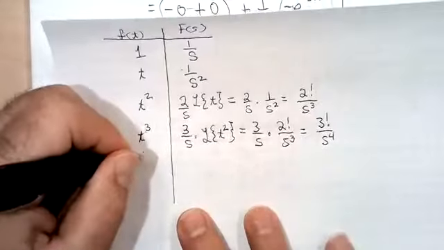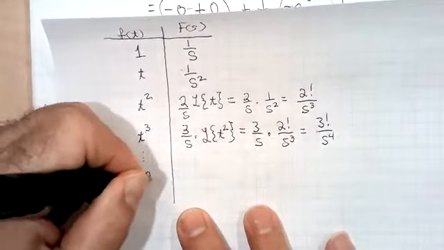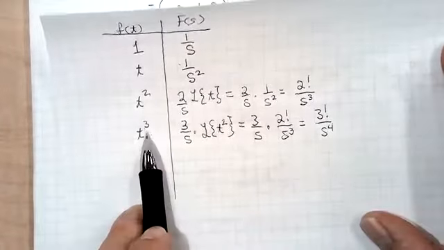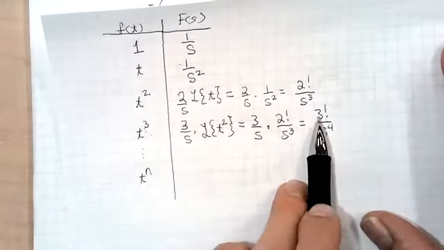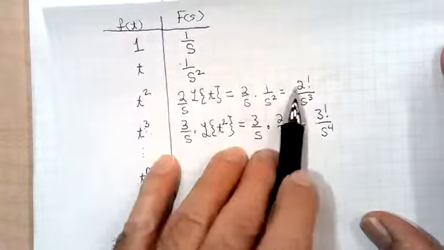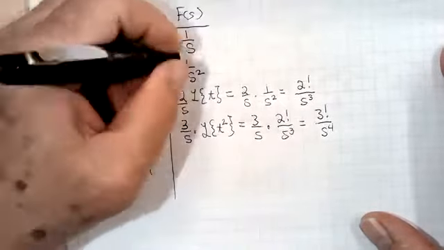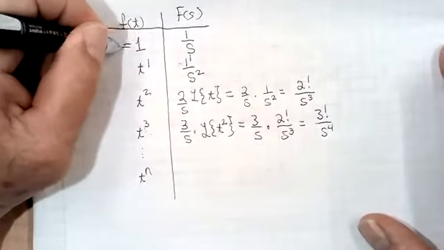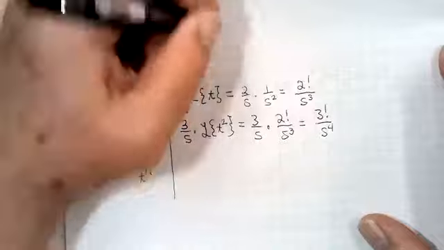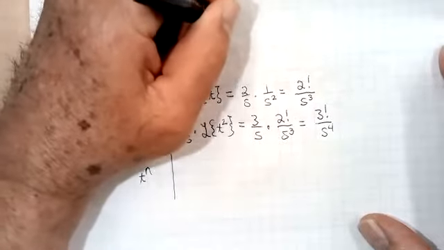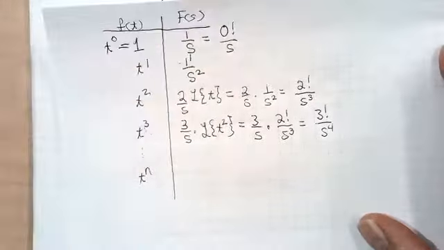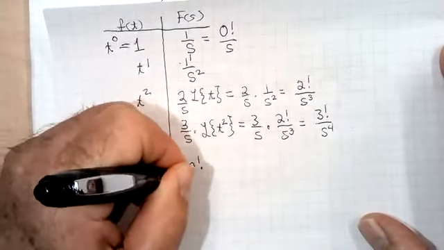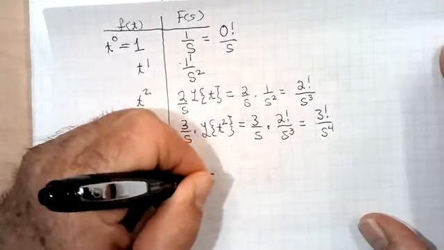And in general, then, it would appear that t to the n has transformed. Well, let's see what we got. T cubed, 3 factorial. T squared, 2 factorial. T to the 1, that's 1 factorial. And that's t to the 0. And that is indeed 0 factorial over s. So t to the n appears to be n factorial over s to the n plus 1.